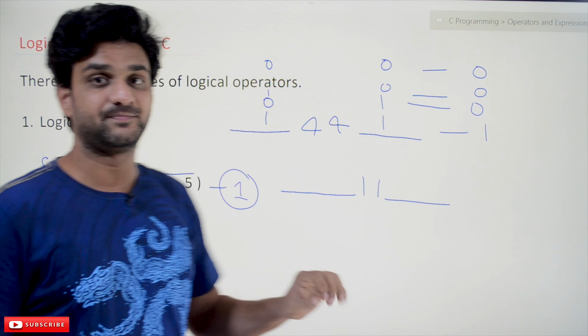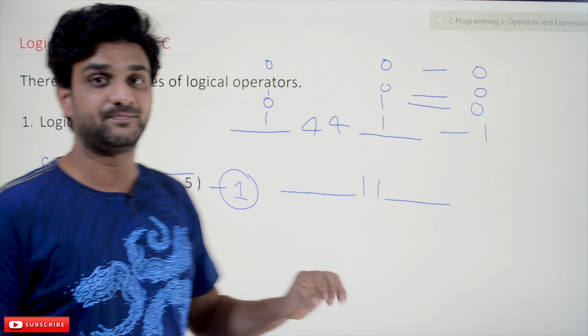So if this expression evaluates to 0 and this expression evaluates to 1, then the output of the entire expression is going to be 1. That is the logic for logical or.